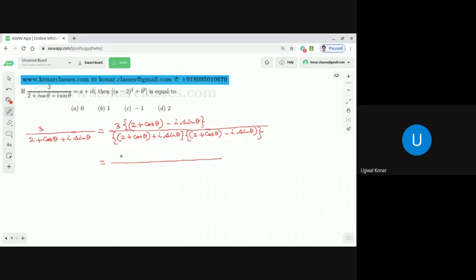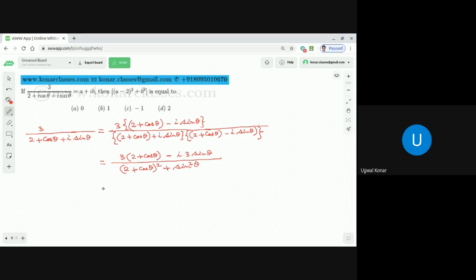So what we are going to get here is 3 into 2 plus cos theta minus I into 3 into sine theta, and in the denominator we get 2 plus cos theta whole square minus I square sine square theta. I square is minus 1, so minus I square becomes plus 1, so plus sine square theta. Now you need to simplify a little.